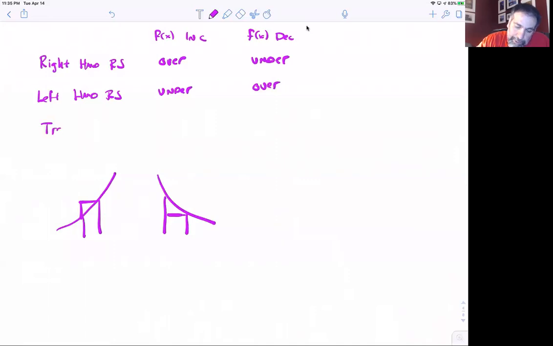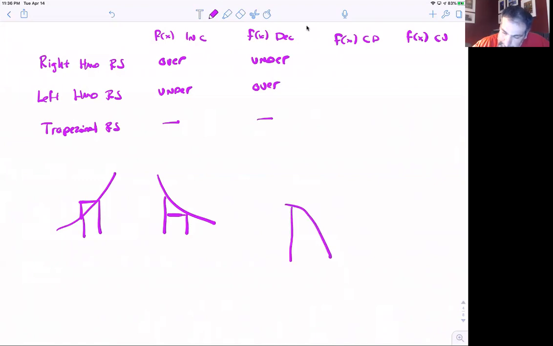Now for the trapezoidal rule, it's not about increasing or decreasing. It's about your function being concave down or your function being concave up. And again, if your function is concave down and you're doing a trapezoidal rule, you are going to have an under approximation.